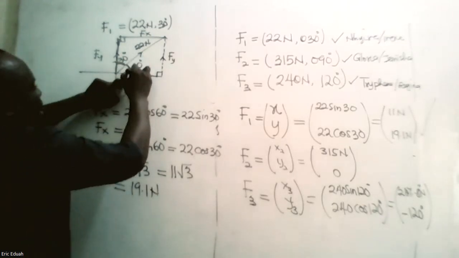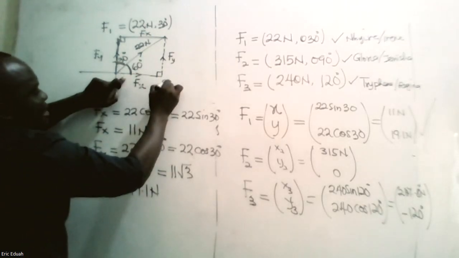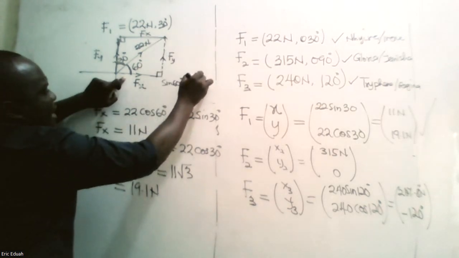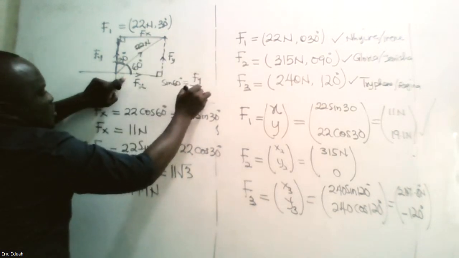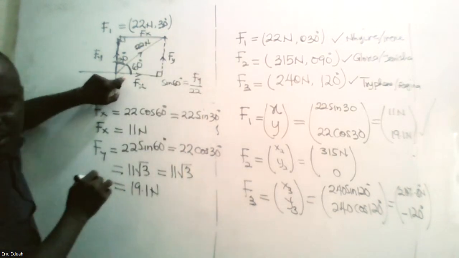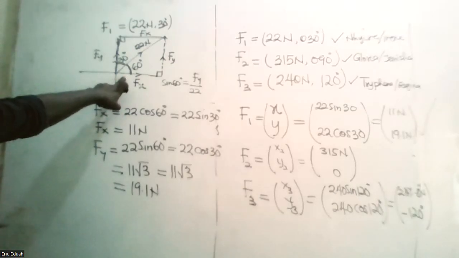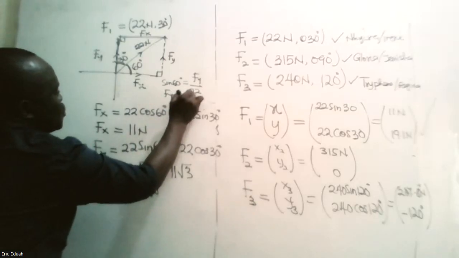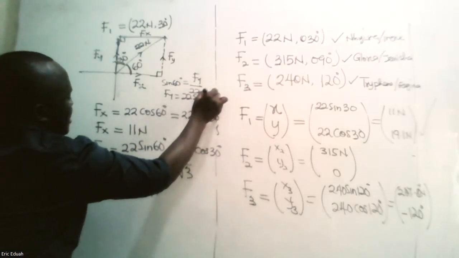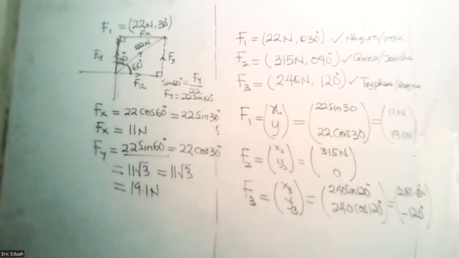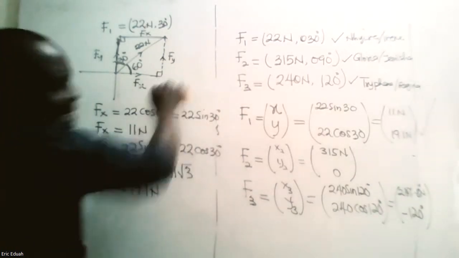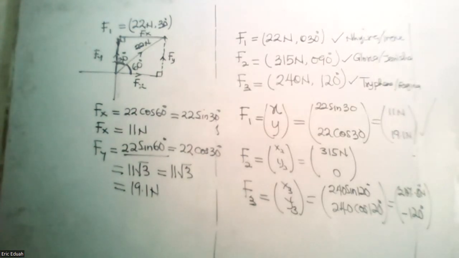If you use 60 degrees, sine 60 is equal to opposite, which is Fy, over the hypotenuse, 22. So Fy is 22 sine 60, and that is what we got here.